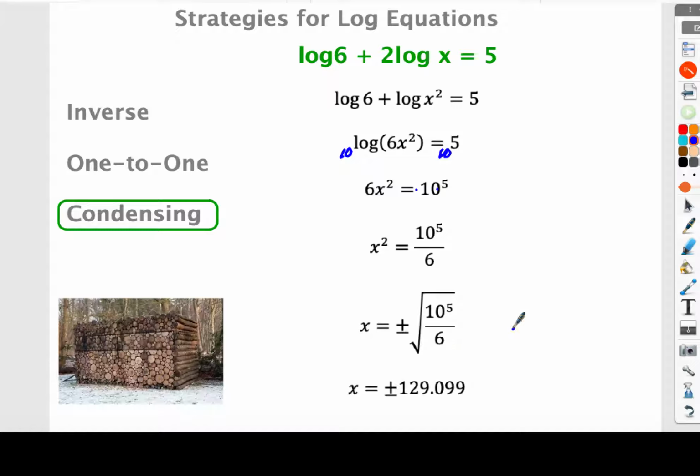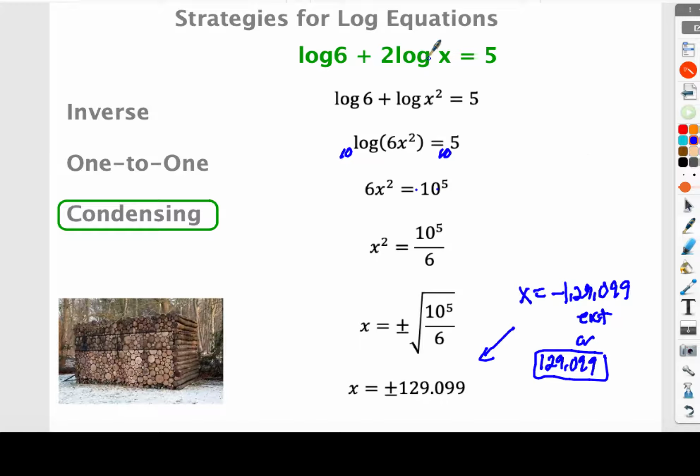So I should go ahead and write those separately. Negative 129.099 would be extraneous, and 129.099 is actually my only good solution. Make sure you check those answers when you get done.